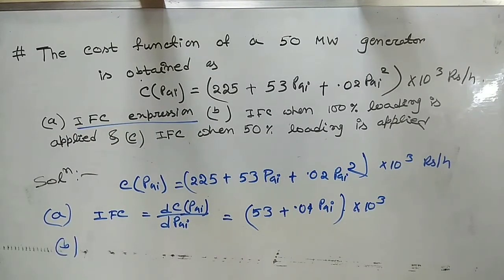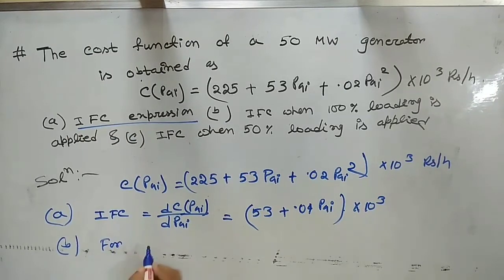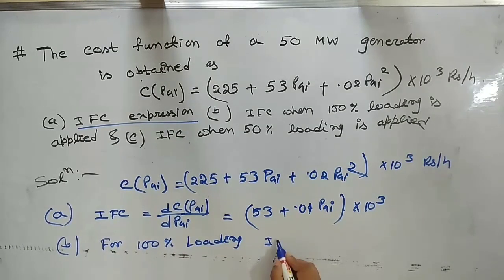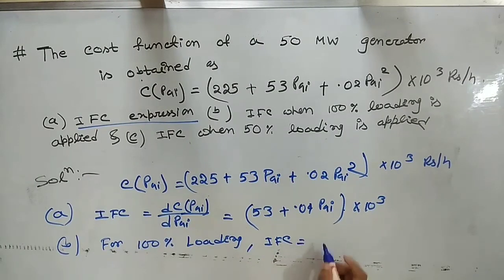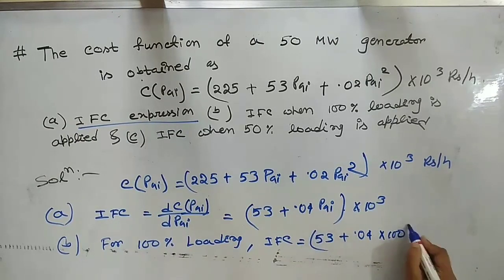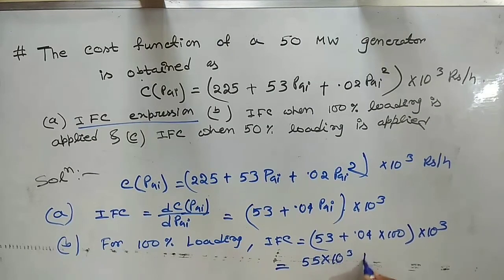Now we solve for 100% loading the value of IFC. IFC is equal to 53 plus 0.04 into 100, into 10 cube. This is equal to 55 into 10 cube rupees per megawatt hour.